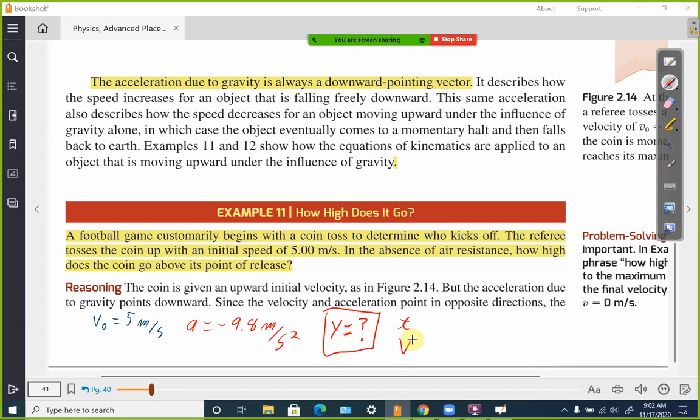Well, that leaves me with a problem, because either I need a way to solve for t so I can find y, or I need to be able to solve for v in order to use the equations. Now stop and think, and this is where you've got to remember all those things that you know. This referee is flipping the coin, and that coin's going to go where?